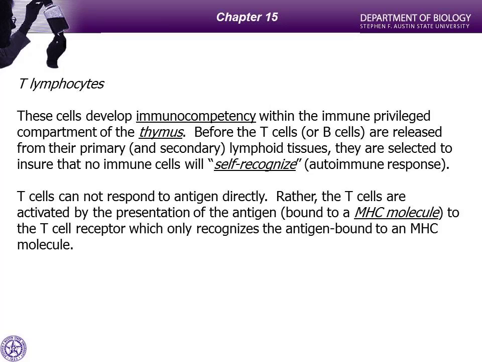However, T cells must be presented an antigen by an antigen-presenting cell like a macrophage or a dendritic type of cell. And so we're going to see that these antigen-presenting cells are going to display antigen on molecules that are called MHC markers, or major histocompatibility complex markers. And so our T cells are going to have receptors for the combination of antigen and specific MHC molecule with which the T cell can then become activated.